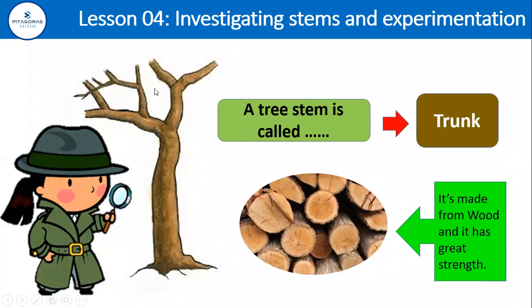In this page, we are going to observe this. What is this? Is this a house? No, it's not a house. Is this a pencil? No, it's not a pencil. What is this? Ah, it's a tree.